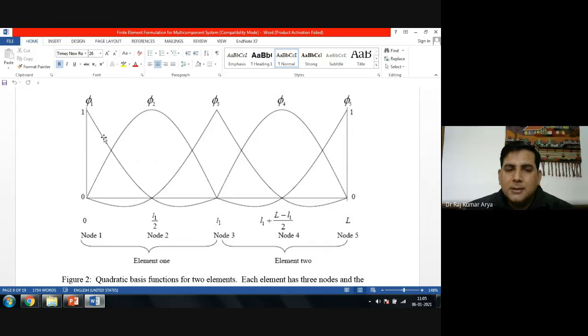Now you can take your boundary conditions. At x equal to 0, your function phi 1 is 1. At x equal to L1 by 2, your phi 1 is 0. At x equal to L1, your phi 1 is again 0. So you have three boundary conditions and three unknowns, so you can calculate the constants a, b, c.